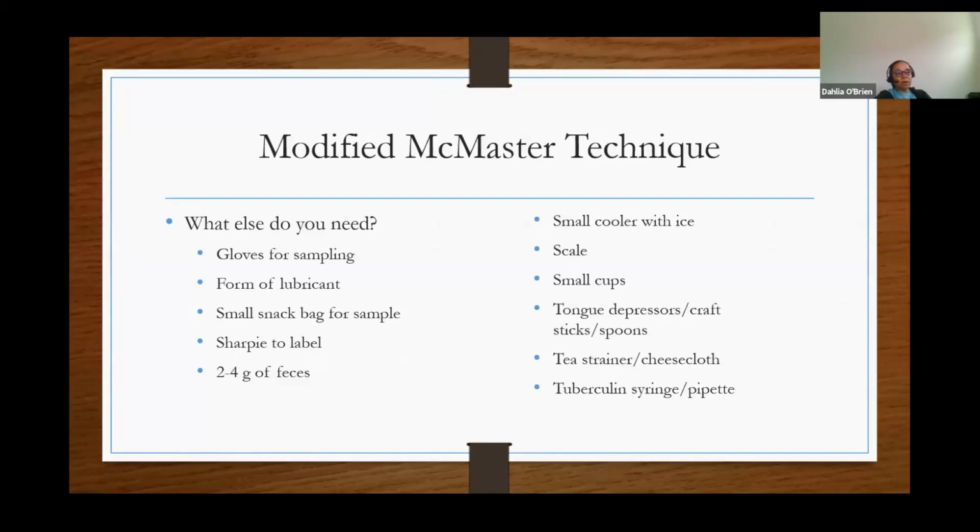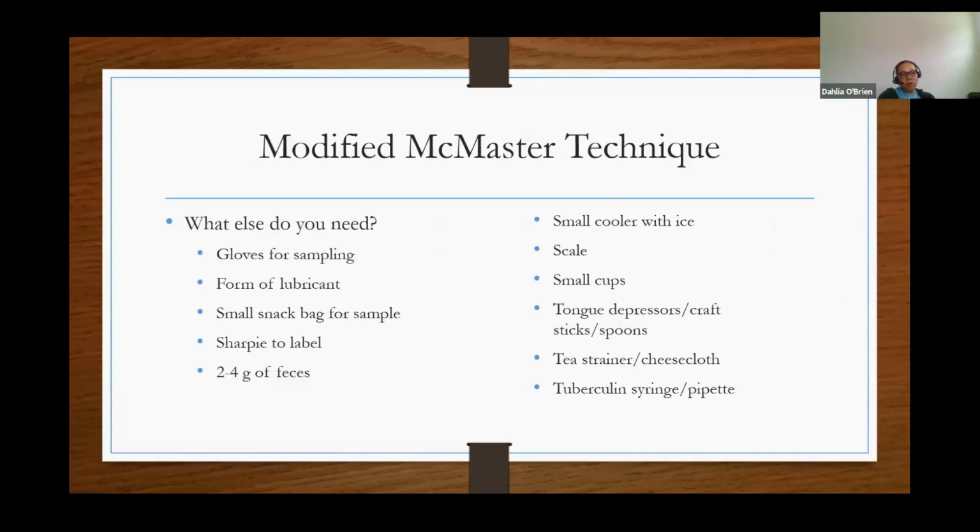You'll also need a small cooler with ice. If you're in the field and you know it's going to take you a while to get back to your home or lab or whatever, you're going to need to put that sample on ice, because if you leave it out too long in the heat and the humidity, then the eggs can hatch.